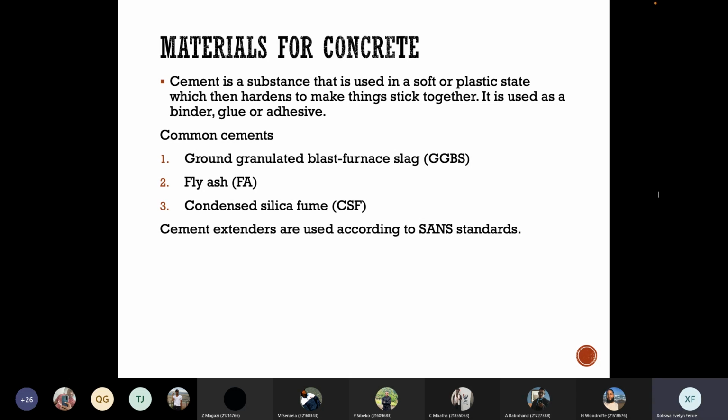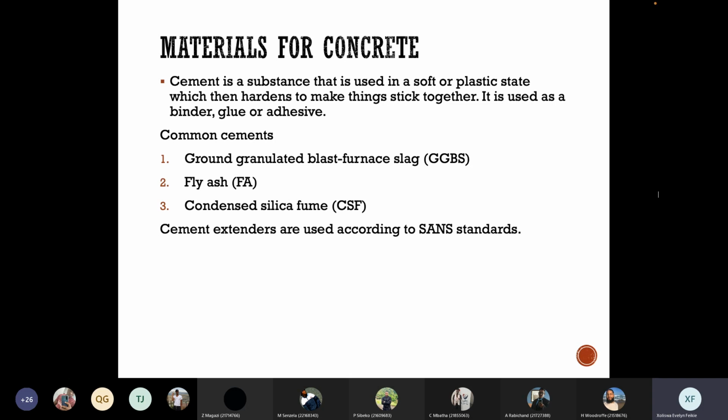And the cement that you need to use, let's say it's a bridge that will be exposed to water, maybe ocean or seawater. We know that it has salt in it, right?